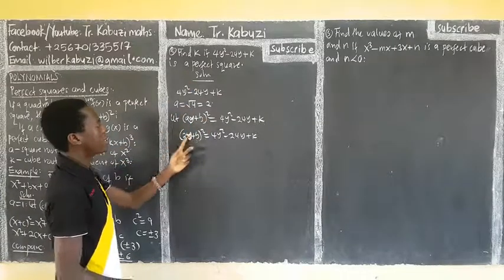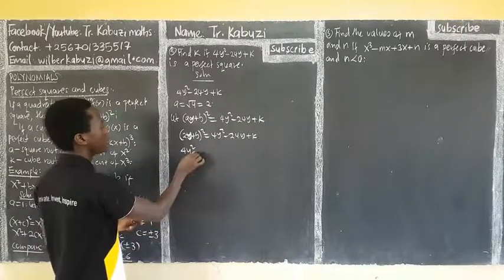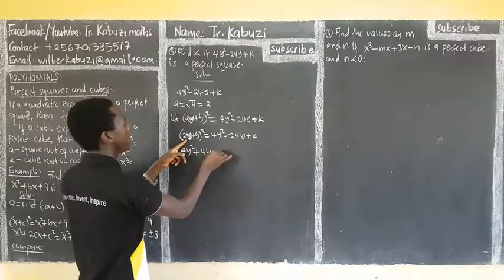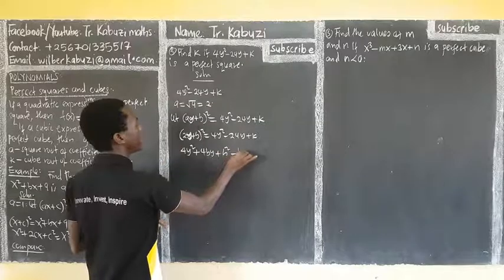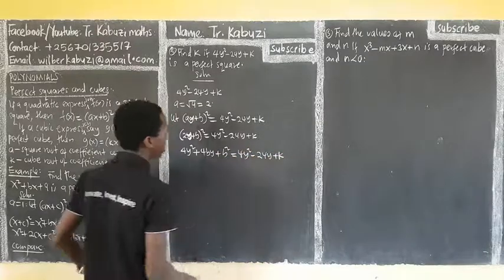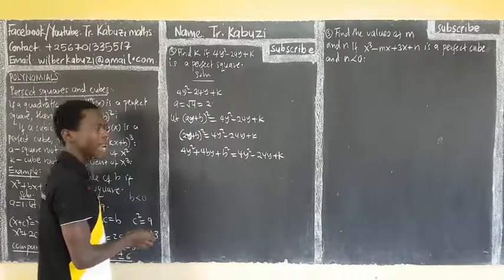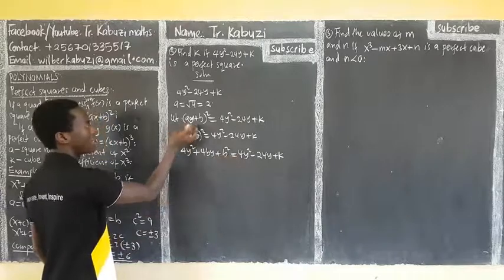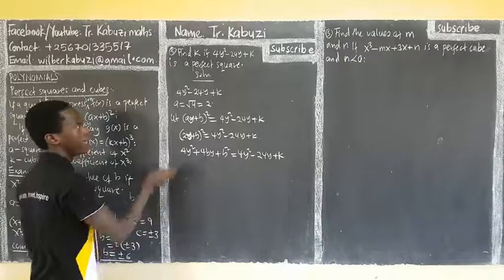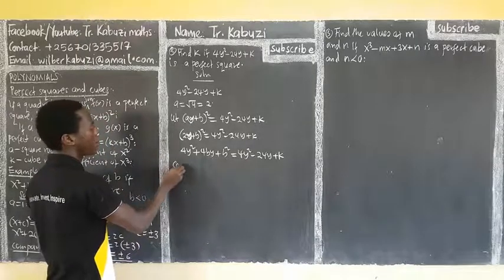When you square this, you get 4y squared, plus 4by, plus b squared, equal to 4y squared minus 24y plus k. That's why a is always the square root of the coefficient of the highest degree if you are dealing with quadratic expressions. Now from here, you compare.